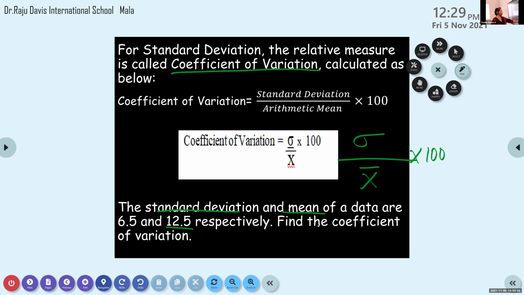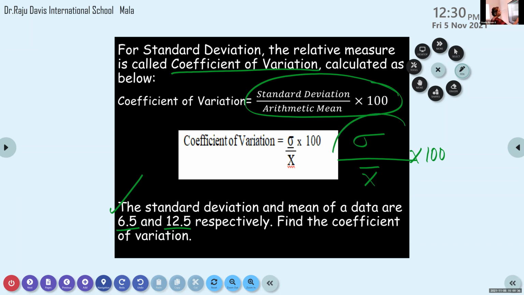Here in this particular question, the standard deviation and mean of data are given, that is 6.5 and 12.5. Find the coefficient of variation. So apply these two numbers in this particular formula and find out the answer first. First you write down the formula: standard deviation divided by arithmetic mean into 100.